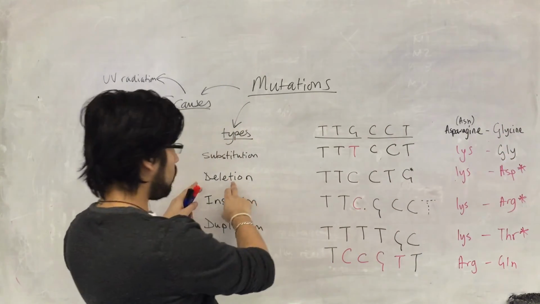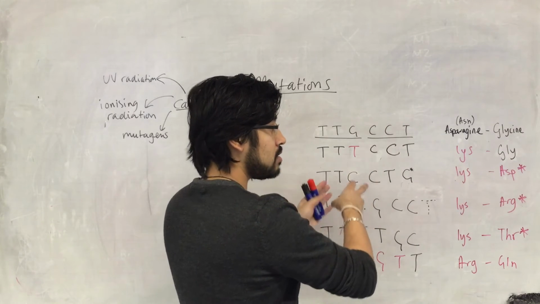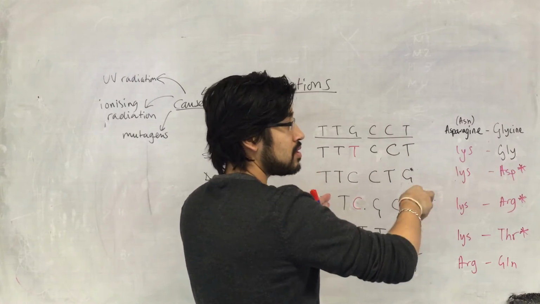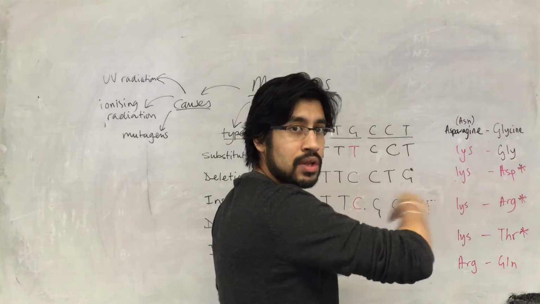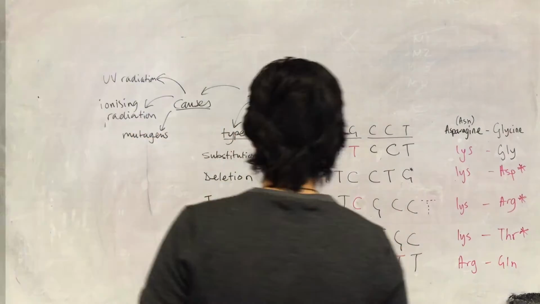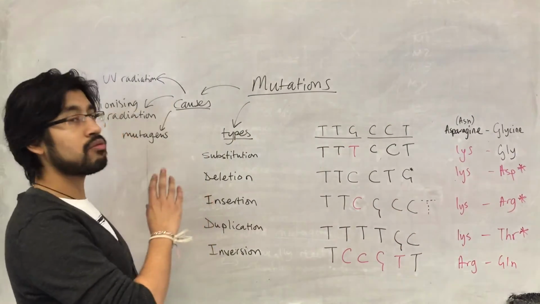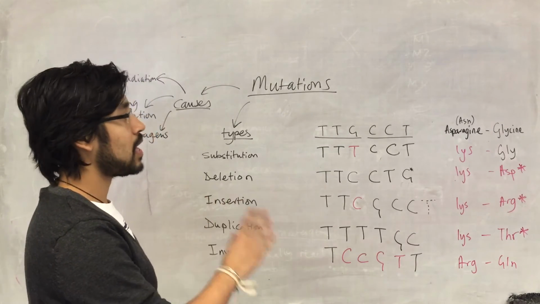The potential of these three mutations is to cause changes from this point onwards to every single codon or triplet subsequently. So these are the types of mutation that can happen.